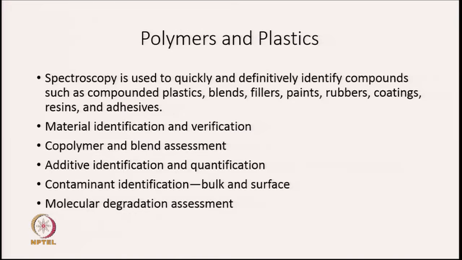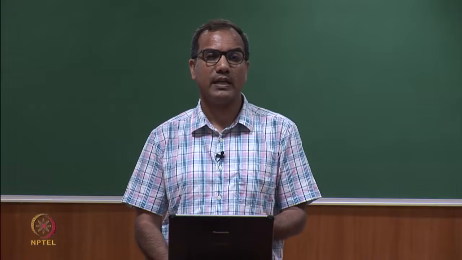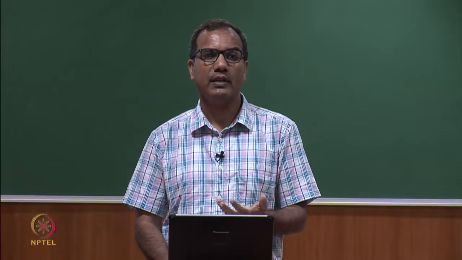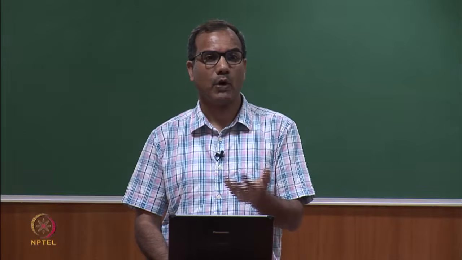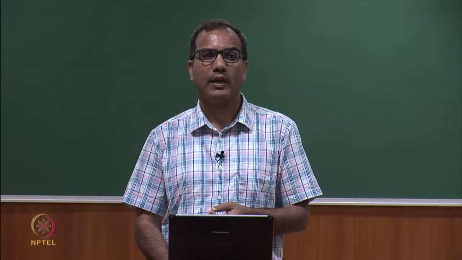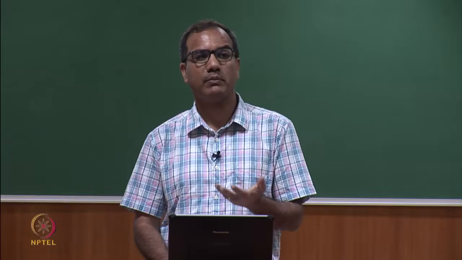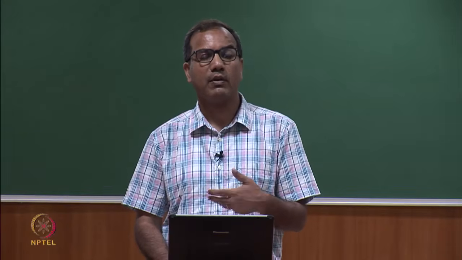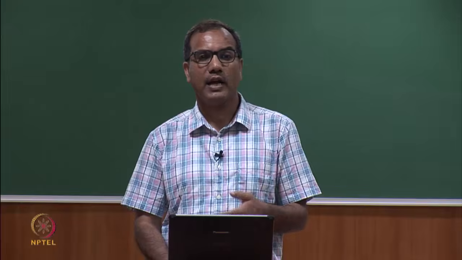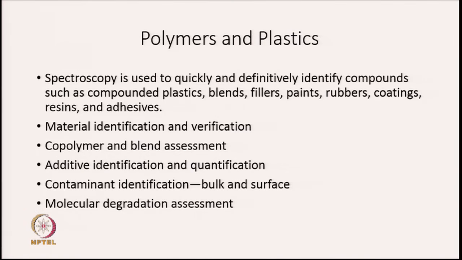It can also identify contaminants associated with that polymer, and these contaminants can be of different types, bulk or surface contaminants, and different kinds of spectroscopy can be used to identify whether a particular contaminant is a bulk contaminant or a surface contaminant.